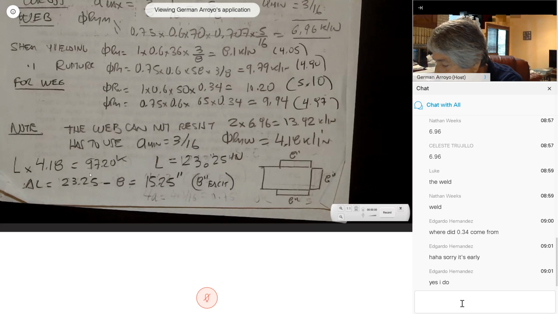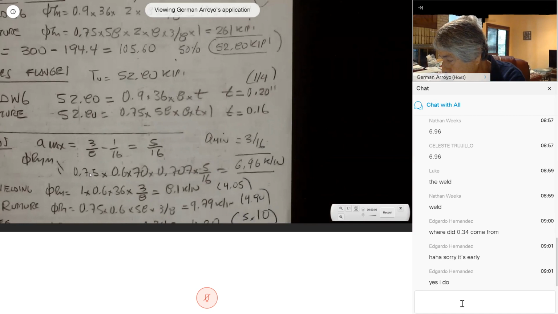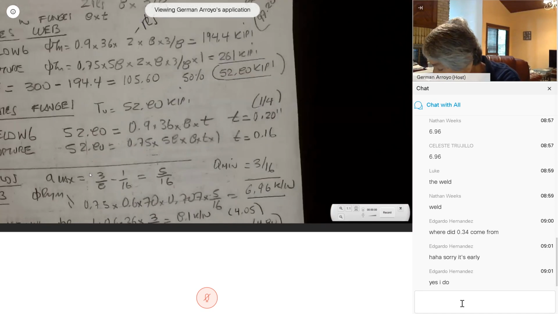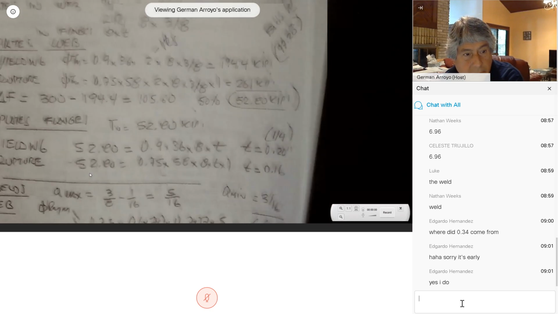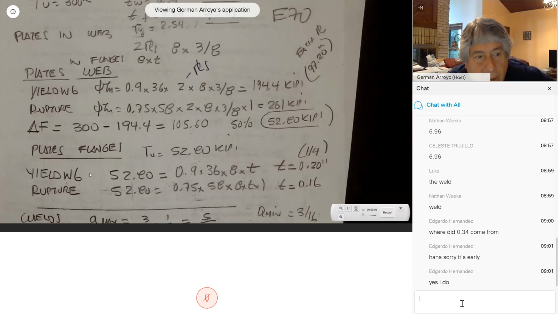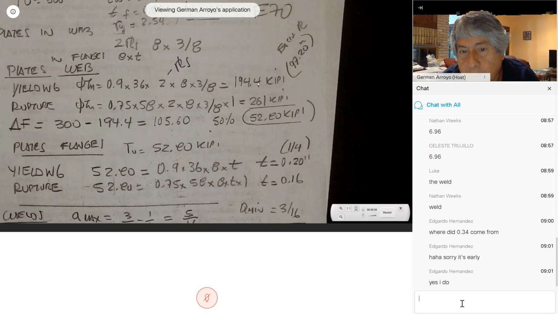Whenever we go to the web, this is what I did before. The plate web, they both receive 194.4, 50% each because there are two, 97.20.